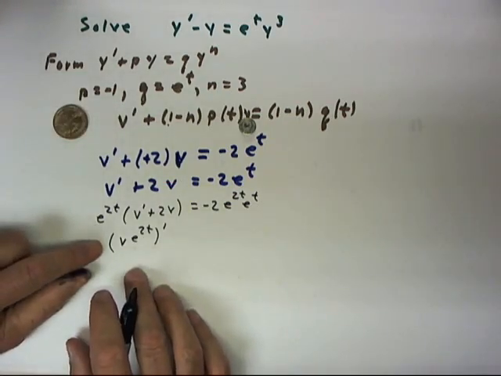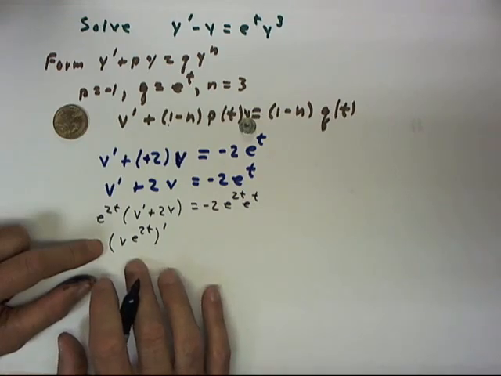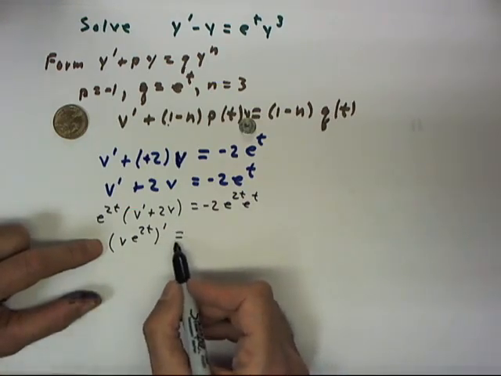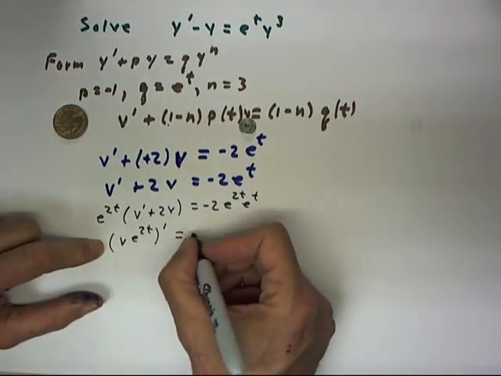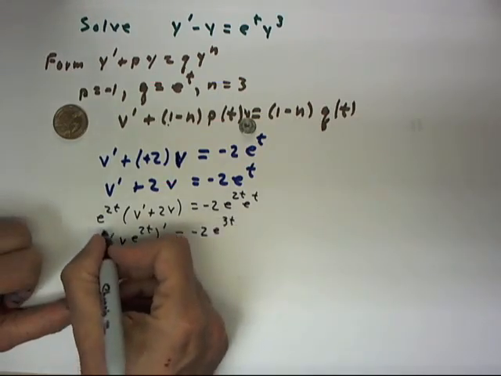Now you might have to review the thinking on a linear non-homogeneous equation, but hopefully you're used to that from having done that work in the recent past. Okay, so we have this. Over here we have negative 2e to the 3t.